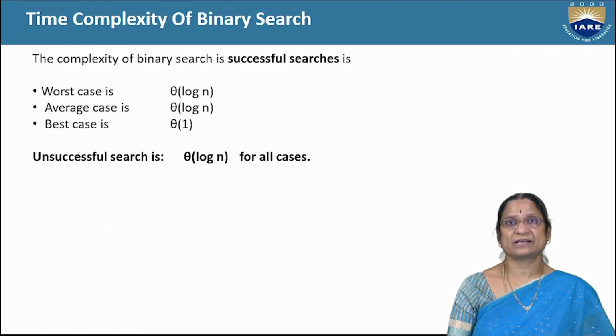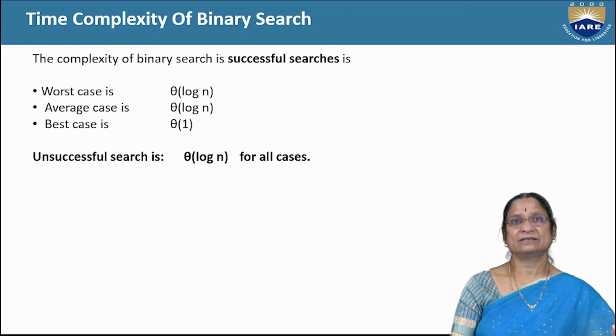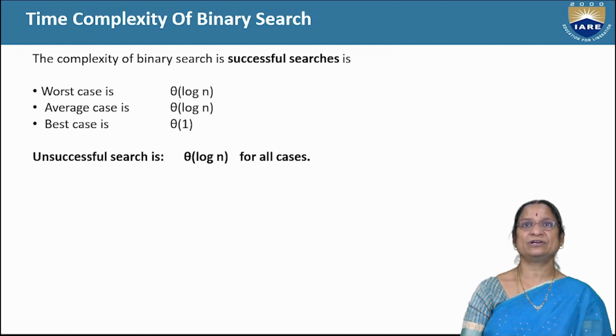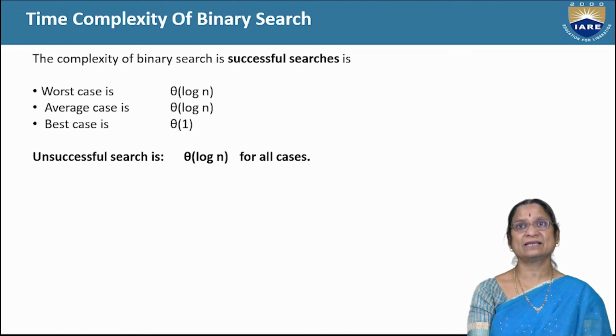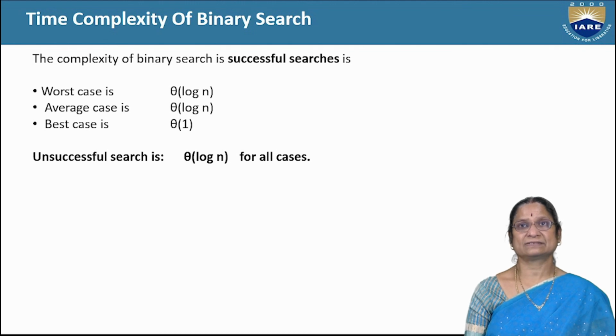Then it reduces the time. As we discussed yesterday, worst case and average case are big O theta of log n, but best case is when the first time itself it is equivalent to the middle element. Even for unsuccessful search, the worst case is theta of log n.